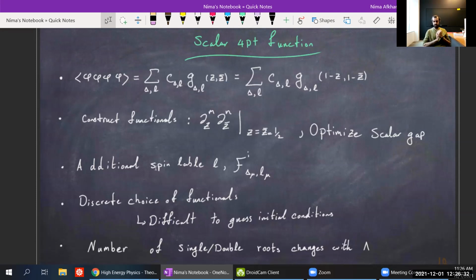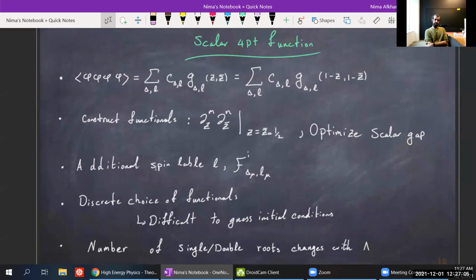You have an expansion in terms of some conformal blocks, which are known in even dimensions explicitly, but in all dimensions, there exist some recursion relations that efficiently compute these in terms of some poles times some polynomials, which people here have worked out. People have written nice software packages for computing these things, so I'll be explicitly using this. And the functionals I will be using will be the standard derivatives with respect to z and z bar.